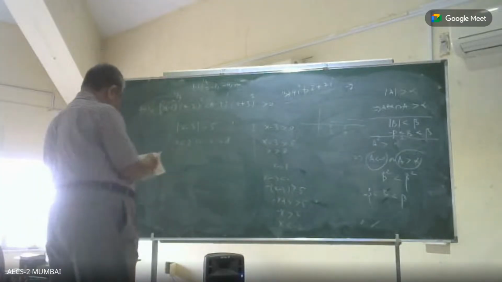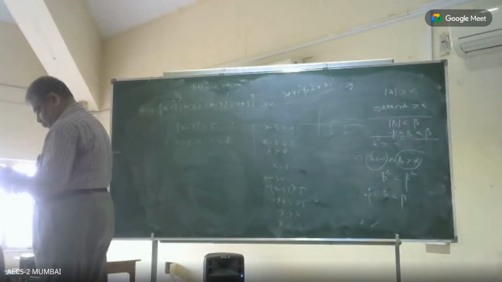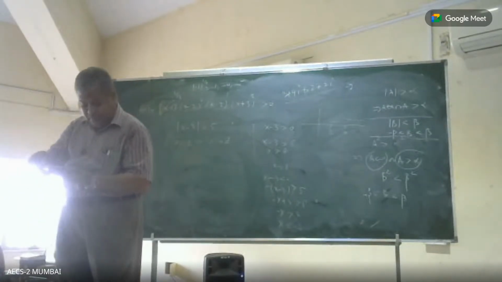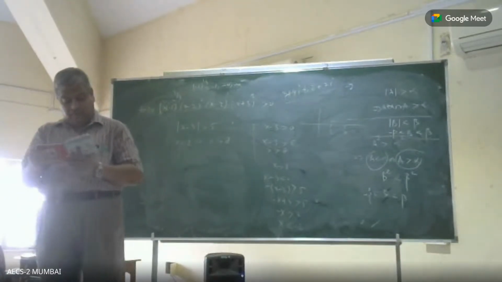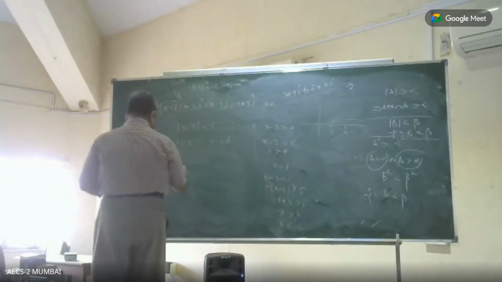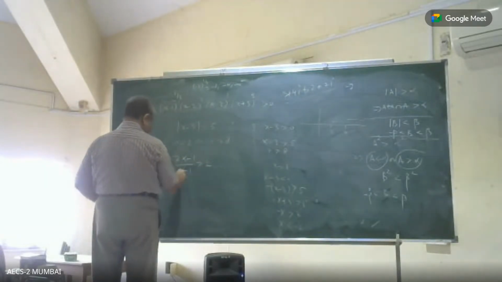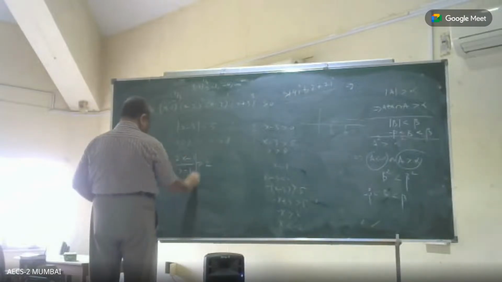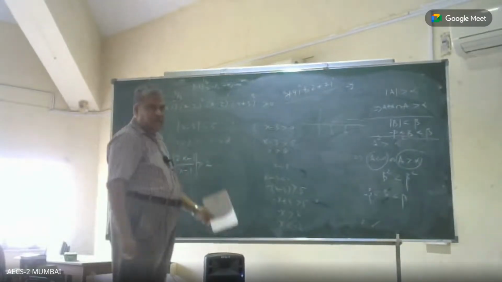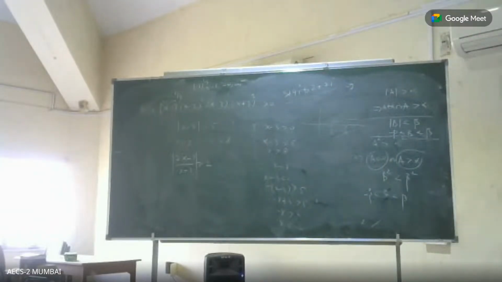Okay, so now let us solve one problem. See, these equations are like this. We want to solve this problem: mod of 2x minus 1 upon x minus 1 is greater than 2. Mod sign and inequation.